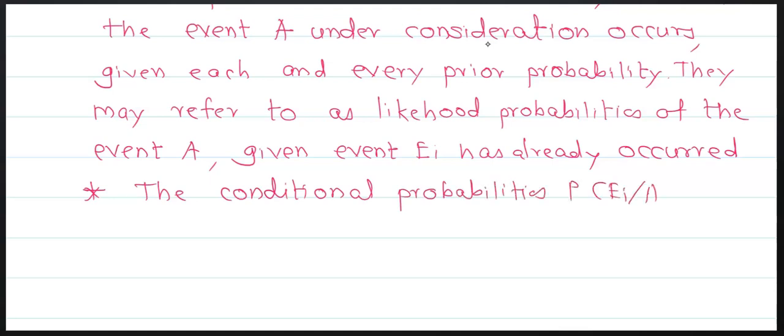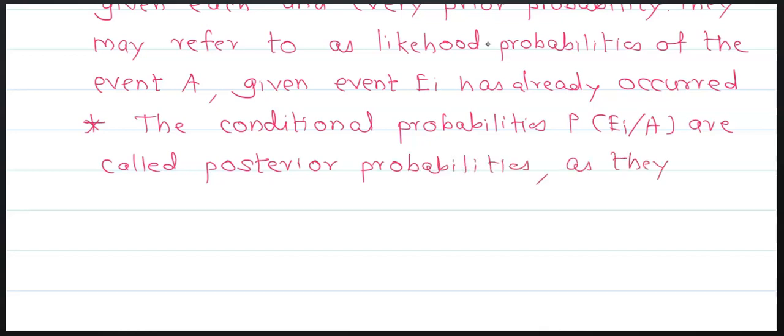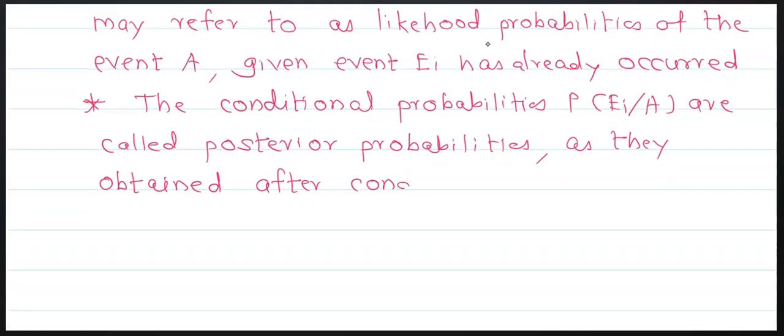The conditional probabilities of Ei conditional A are called the posterior probabilities, as they are obtained after conducting the experiment.